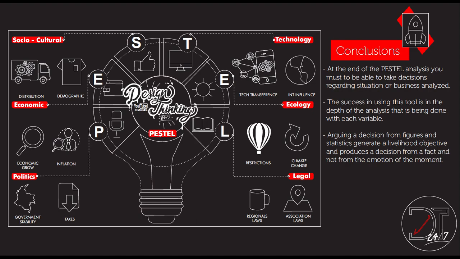This means that any decision that you take from a PESTEL analysis has to be objective. It's supported by statistics, data, figures that you collect. Not because you think that this will be better, when you don't have any foundation for that. So it's very important to understand that situation and how to focus it to improve the development that you are making.